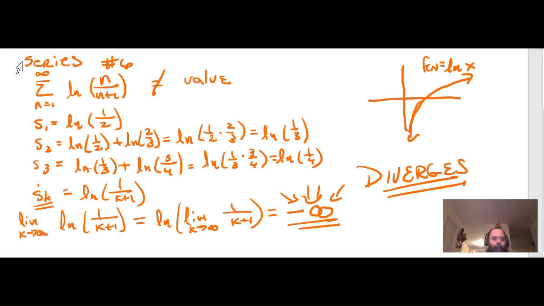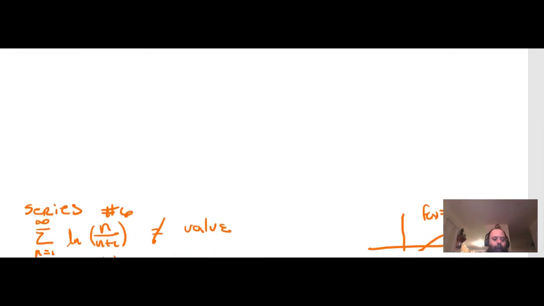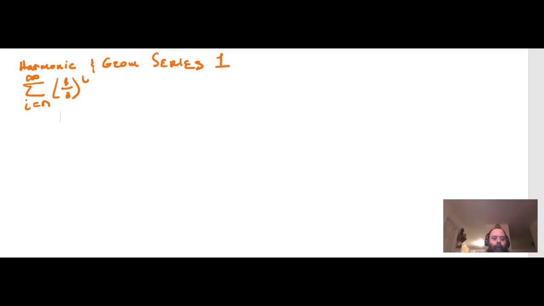All right, so there's a little bit of a look at that one. And I also promised one other problem here, so I'm going to drop that down. The other one was on the harmonic and geometric series, and this was problem number 1. It wants to know what is the sum from i equals n to infinity of 1/3 to the i.